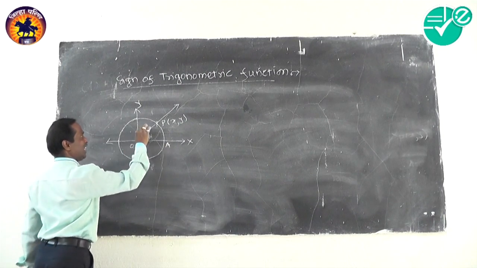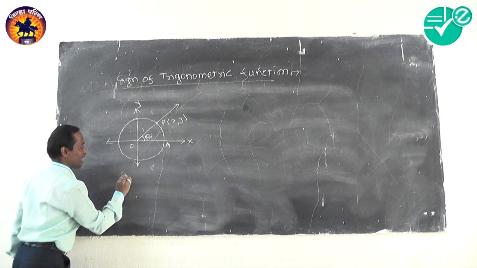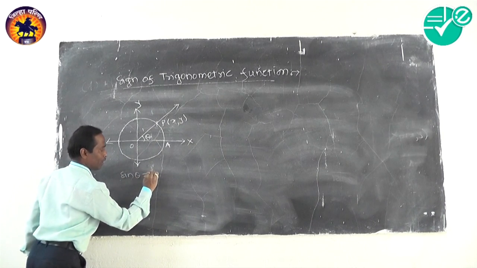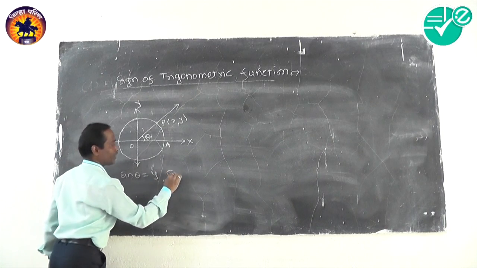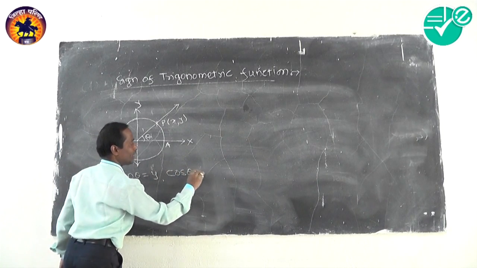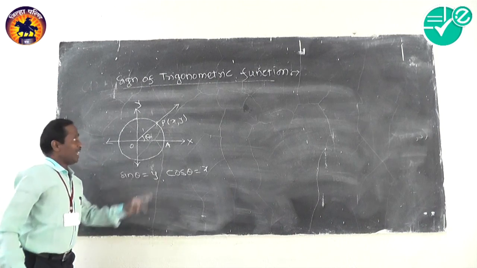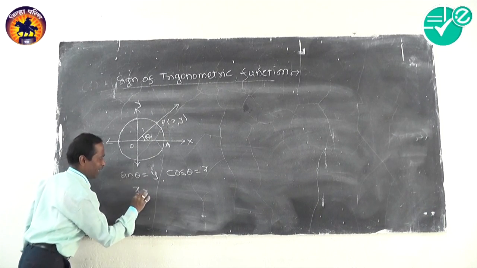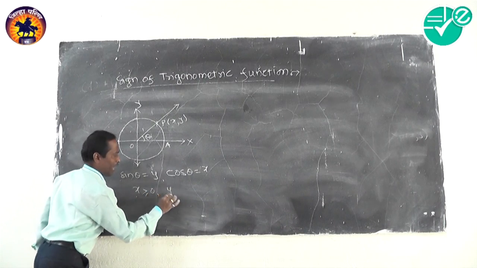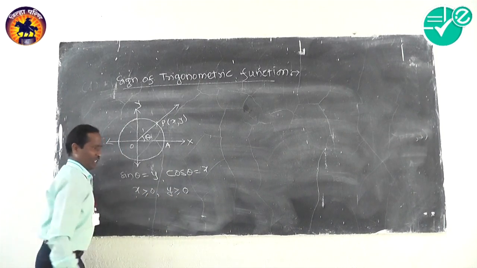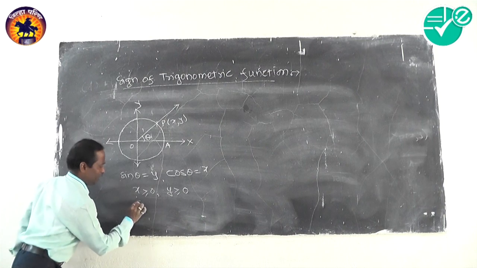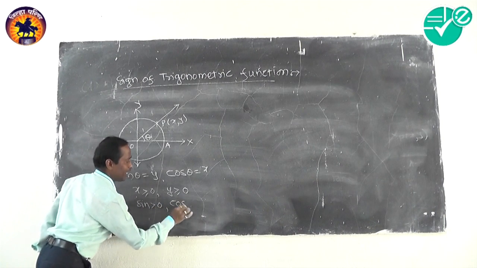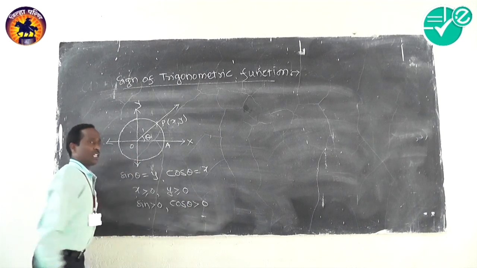If this is the standard unit circle, then sin theta is equal to y and cos theta is equal to x. Here x is positive and y is positive, means x is greater than or equal to 0 and y is greater than or equal to 0, so sin theta is positive and cos theta is positive in the first quadrant.